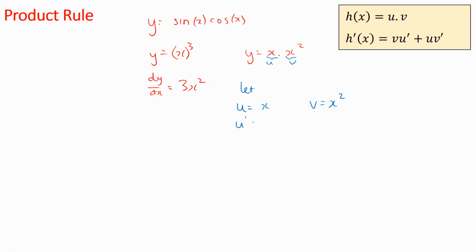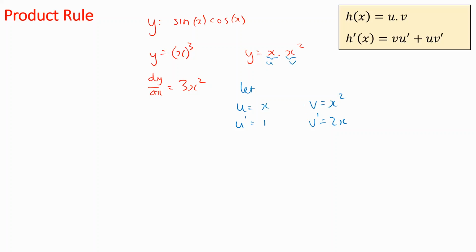U dash would be the derivative of x, which is, what was it again? What's the derivative of x? 1. Fantastic. What is the derivative of v, which is x squared? Good, we got v dash is 2x. Now according to this rule, it's v times u dash, and that's what I'm going to do.